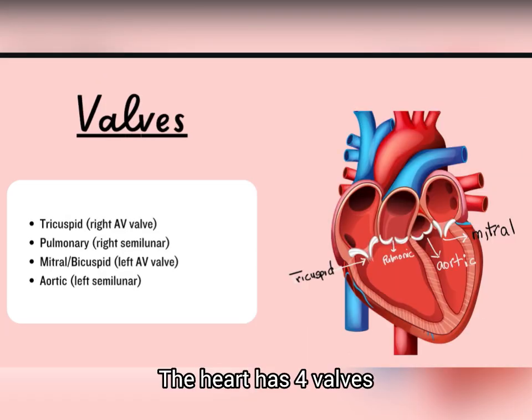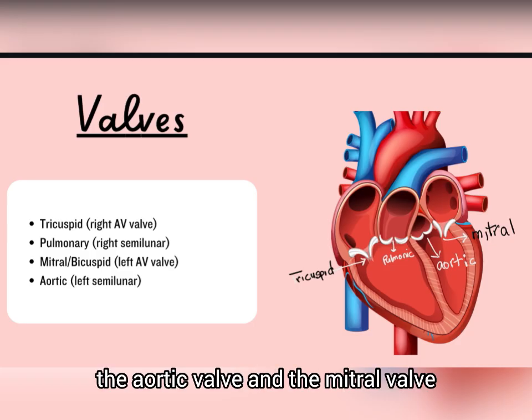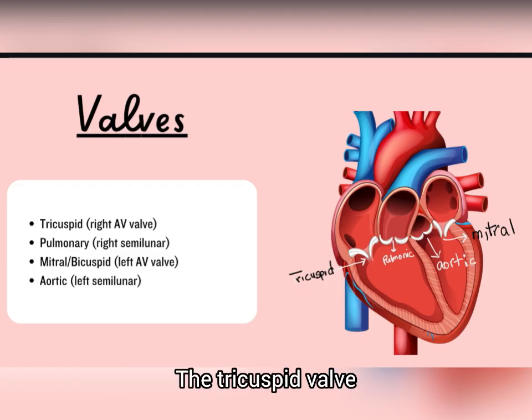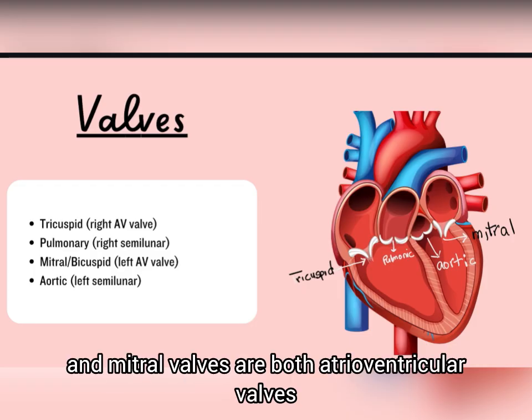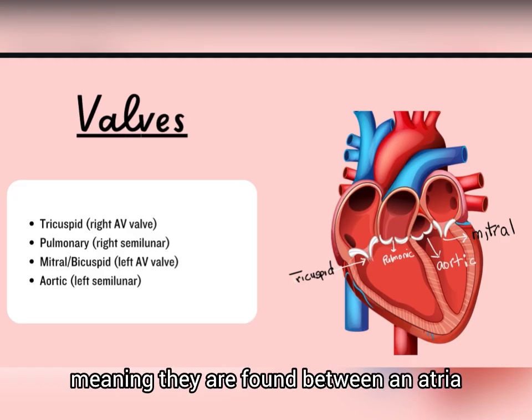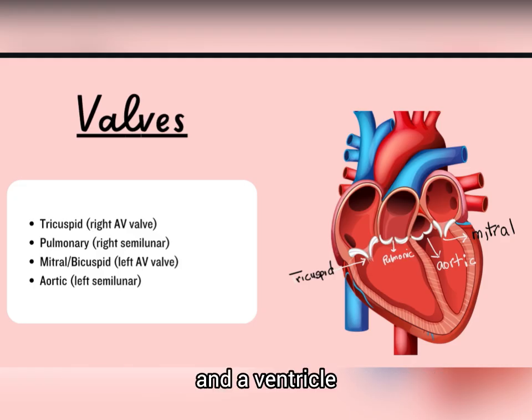The heart has four valves: the tricuspid valve, the pulmonic valve, the aortic valve, and the mitral valve. The tricuspid valve and mitral valves are both atrioventricular valves, meaning they are found between an atria and a ventricle.